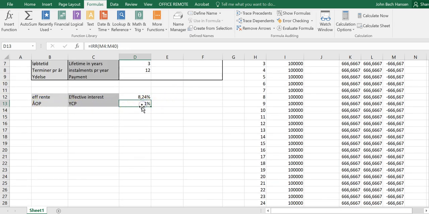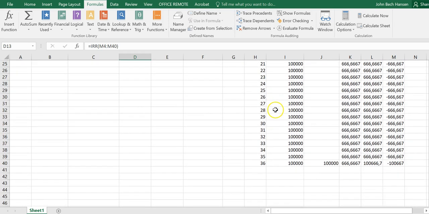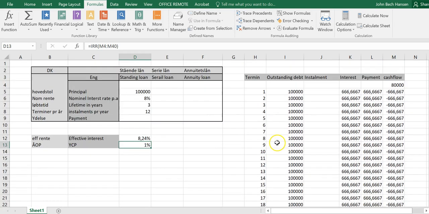Well, it's not per year, because we remember that the 36 payments were because it was three years of payments each month. So now again I have to transfer this into a yearly percentage, and we know the method because now we have to calculate the effective interest of this monthly cost percentage.